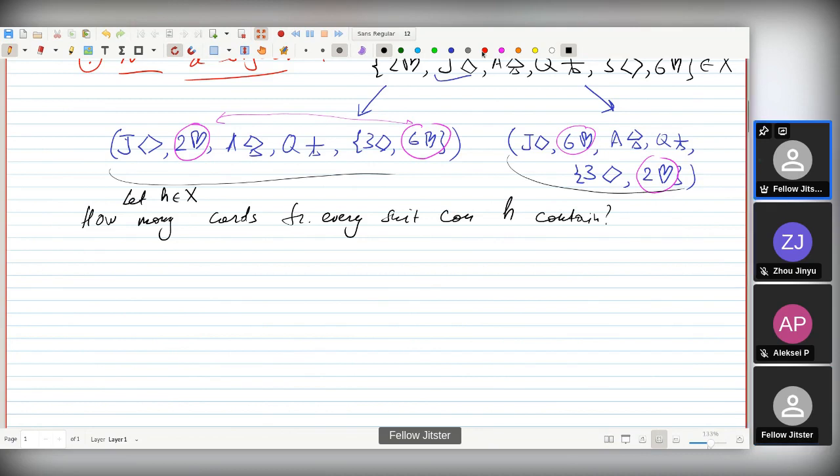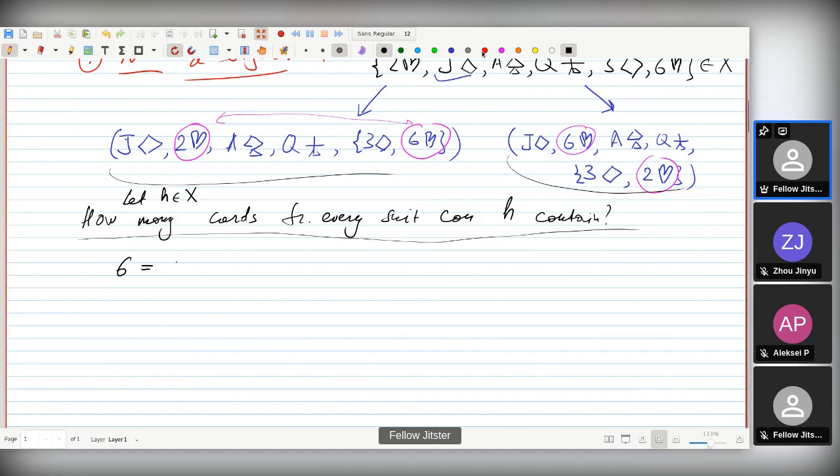From 1 to 2, but not all combinations are possible. And moreover, it is possible to have 3 cards in one suit. So in principle, in general, we have 6 cards. How can they be distributed among our suits?